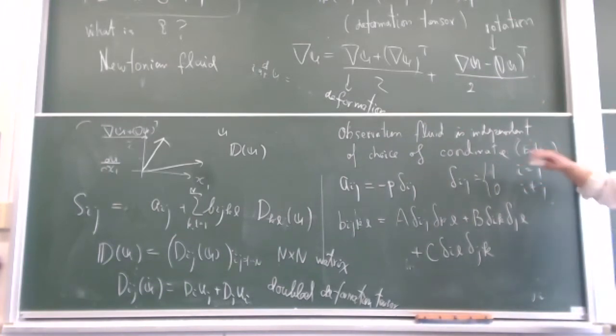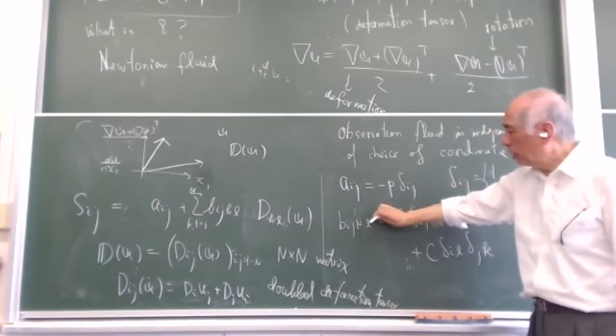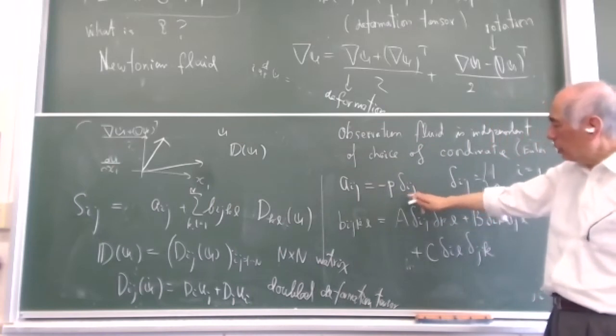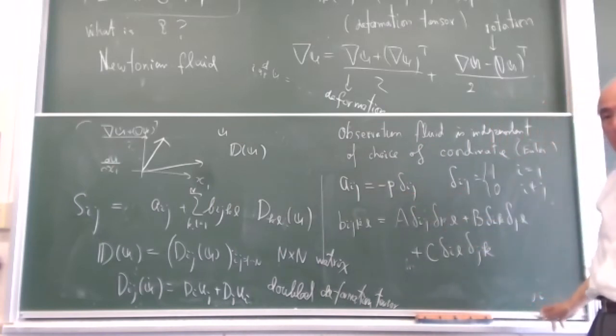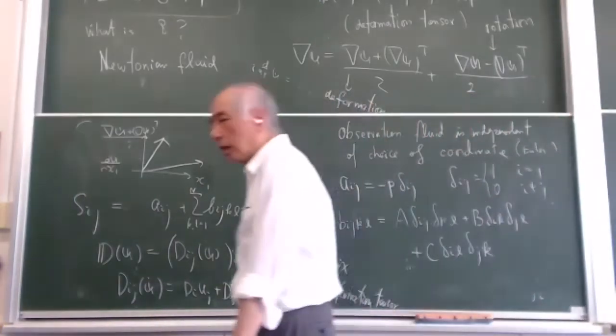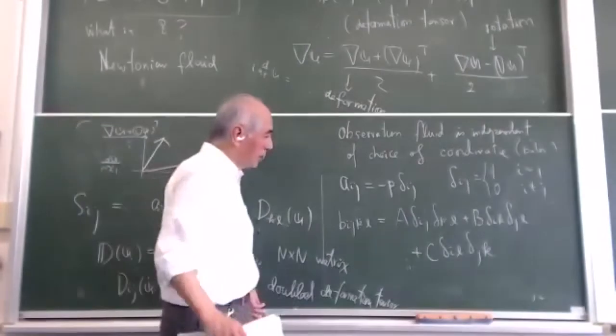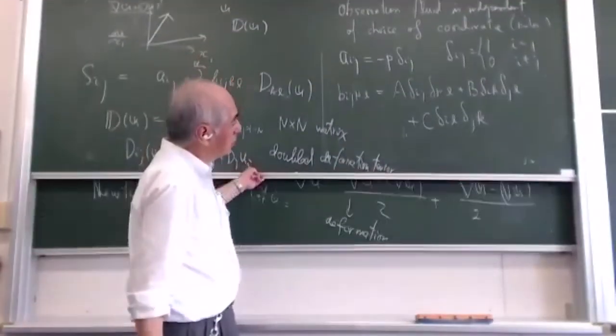Now the fluid is independent of the choice of coordinate, the so-called frame indifference. Then this tensor Aij and Bijkl should be written in this way. This is tensor geometry. I'm sorry, I just believe it; I never use this one.